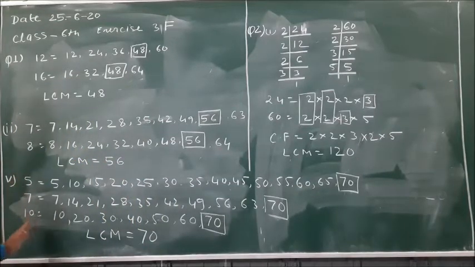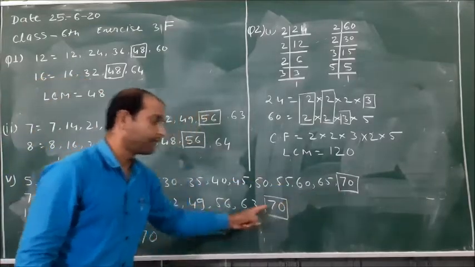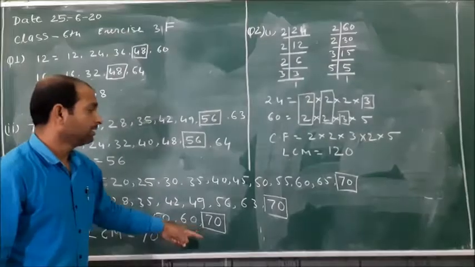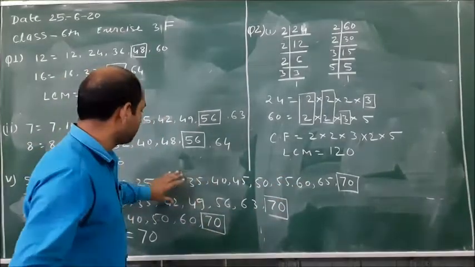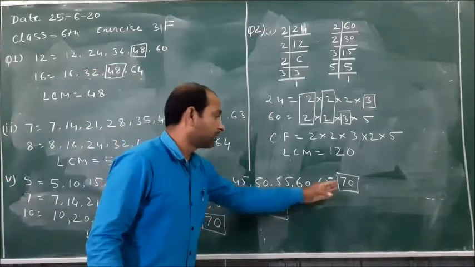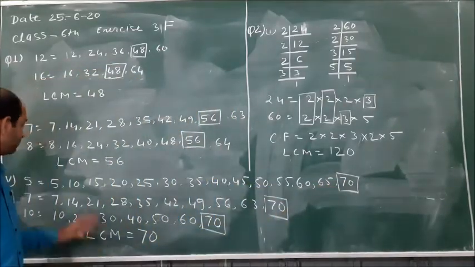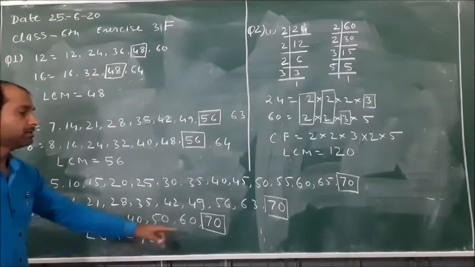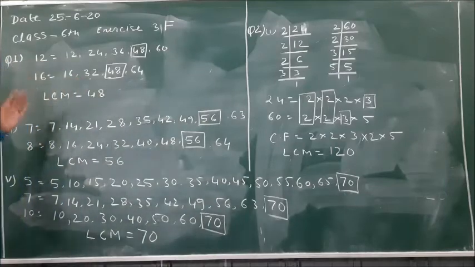So the LCM of 5, 7 and 10 is 70, because this is the first common factor or common multiple. Because these are multiples, so we say the first common multiple. So the LCM of these three numbers is 70. Okay. This question is completed.